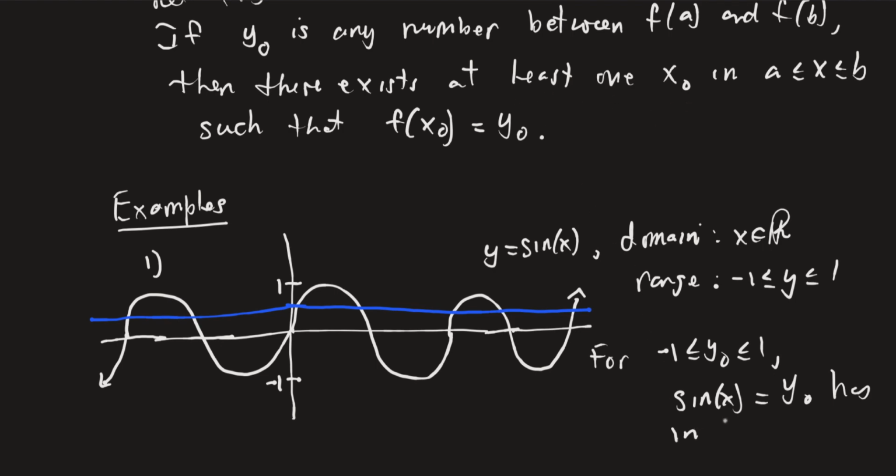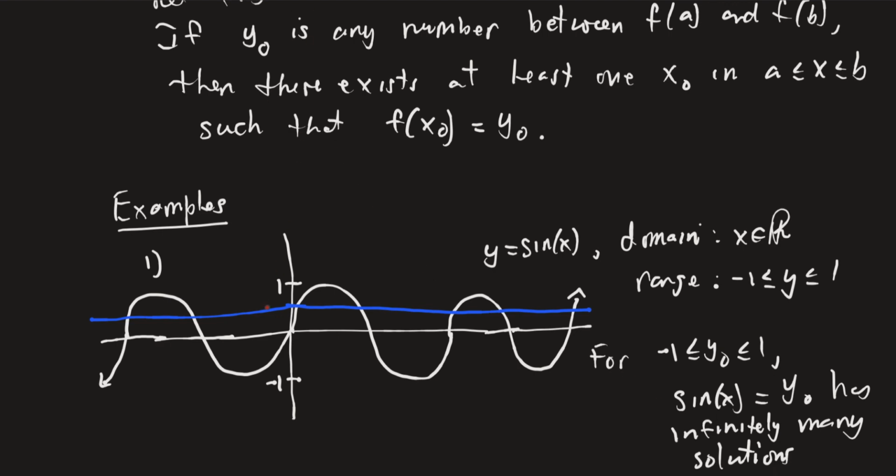You could have infinitely many, or you could just have one or two, but there has to be at least one x value that would satisfy that specific y. So it has infinitely many solutions for x0, right? And in trigonometry, you learn how to find all those solutions. Even though there are infinitely many of them, there are ways you can write it down.